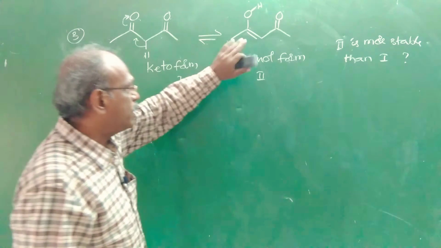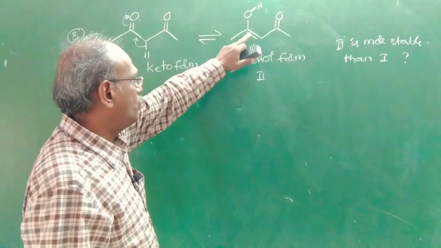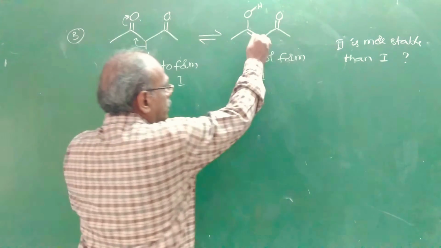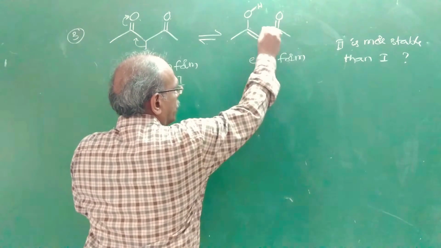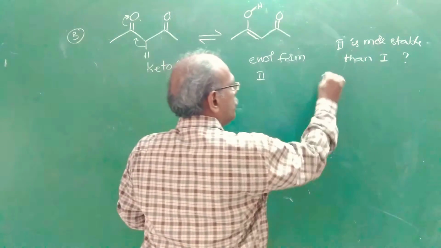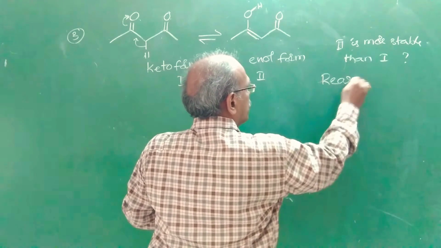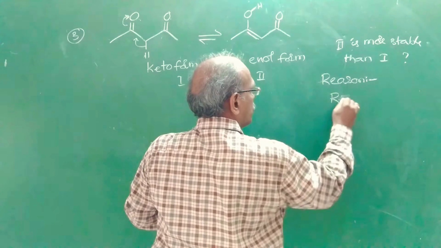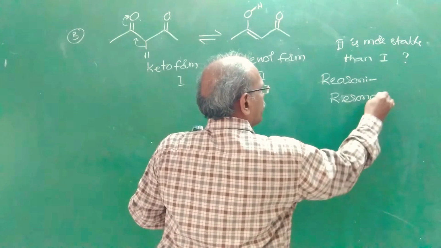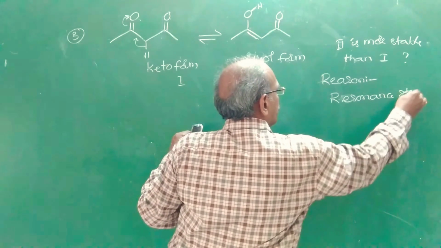Why? Because in 2, see, there is a conjugation: double bond, single bond, double bond. So the reason is, one, resonance stability.